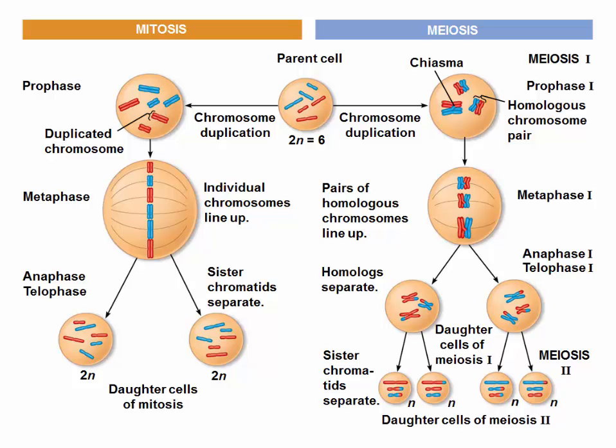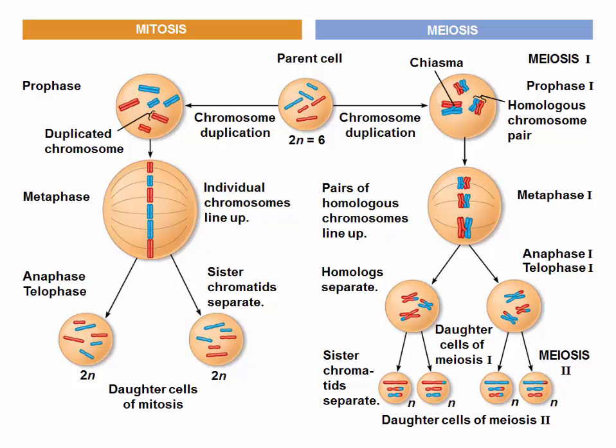But notice, first of all, that they are different already. And also notice that they are not lined up like they were in metaphase of mitosis. Over there you had 1, 2, 3, 4, 5, 6 chromosomes that were already divided, lined up.